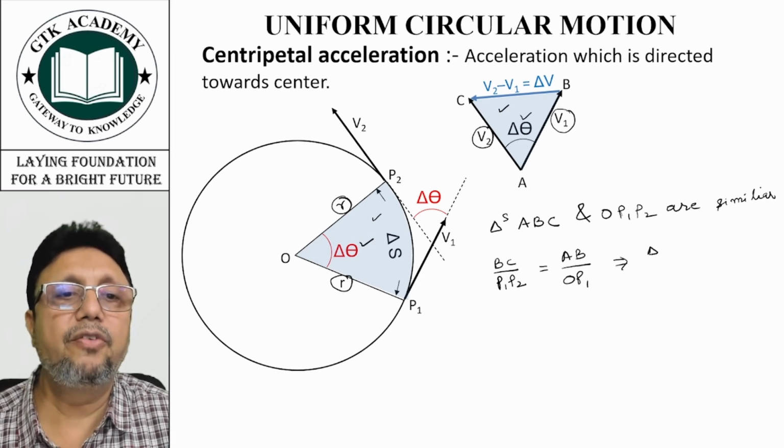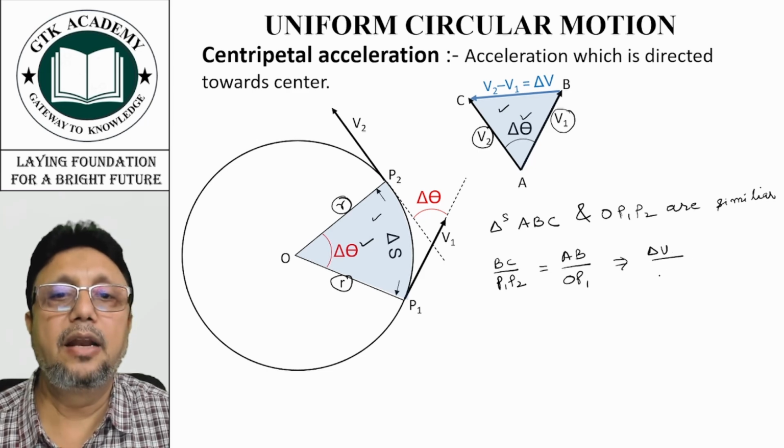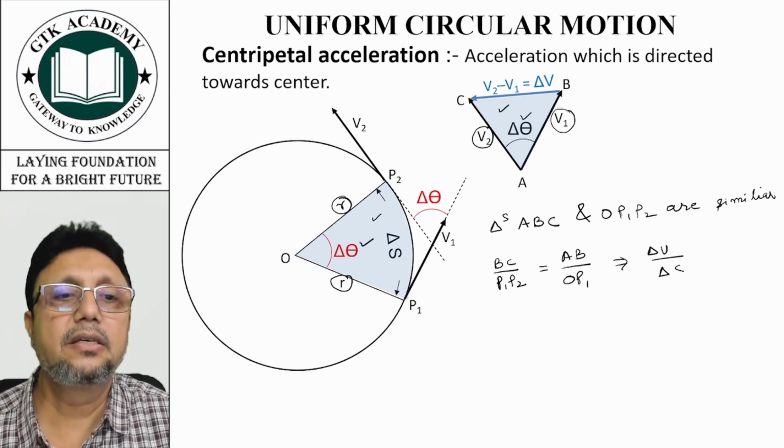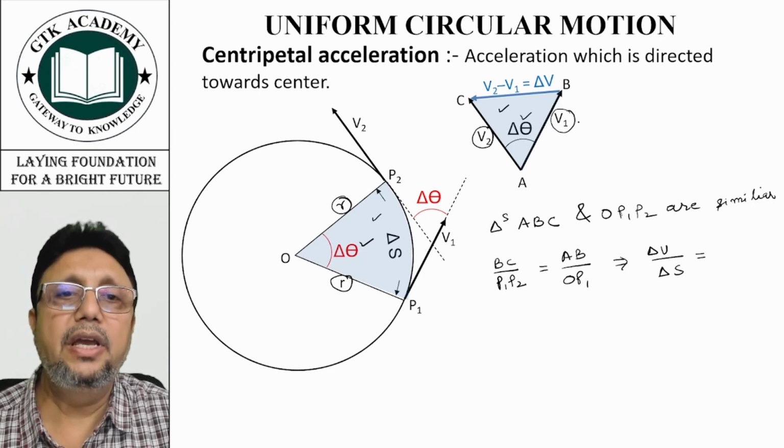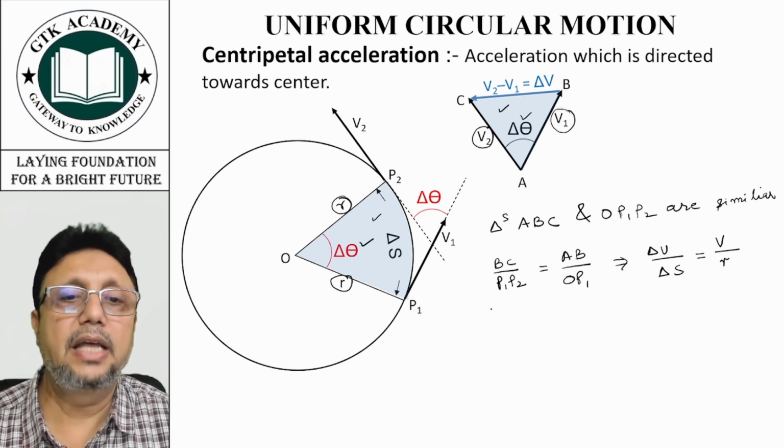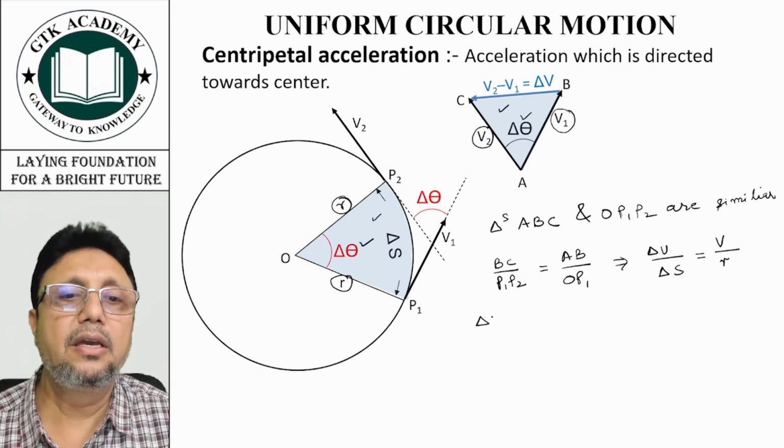Now, BC is delta V and P1P2 is delta S. AB and AC are V. We can say V1 is equal to V2 is equal to V, magnitude is constant, upon OP1 is R. That means delta V is equal to V upon R into delta S.